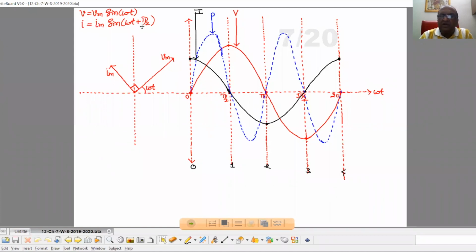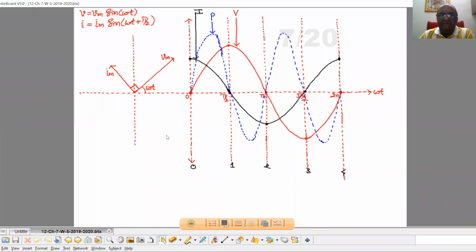Now current leads the voltage by pi by 2. So the current phasor is represented in the direction making an angle plus pi by 2 with respect to Vm. So the total angle of this current phasor with respect to the x-axis is omega t plus pi by 2. So these are the phasors.